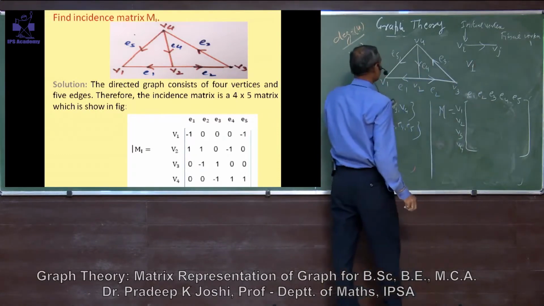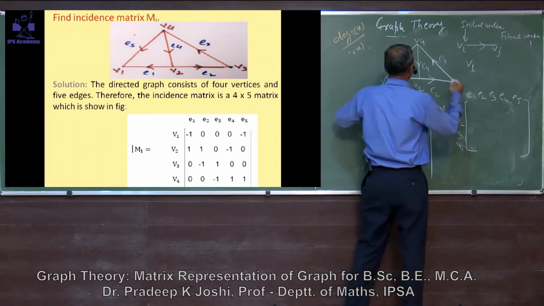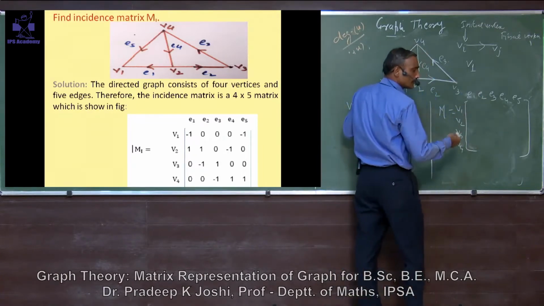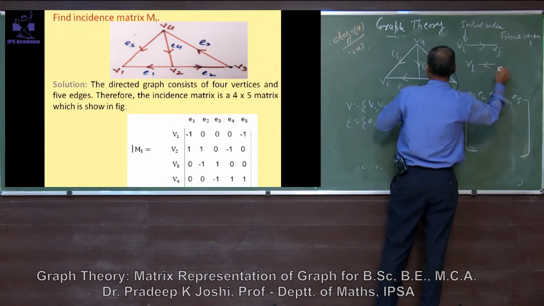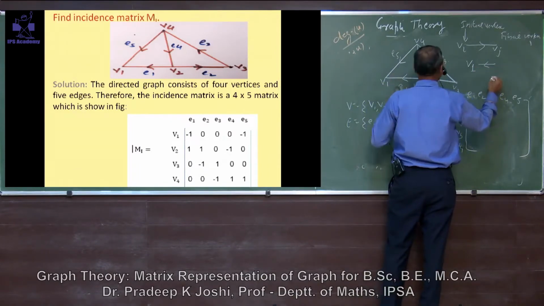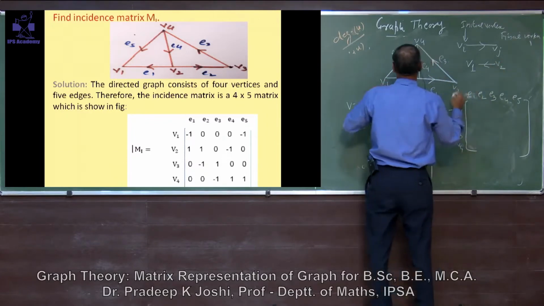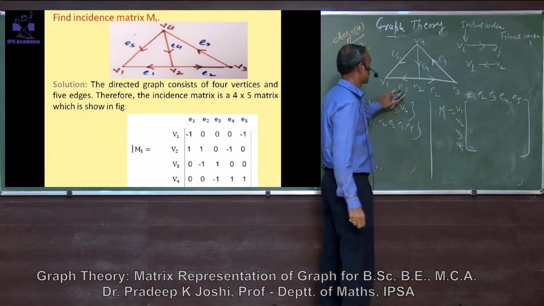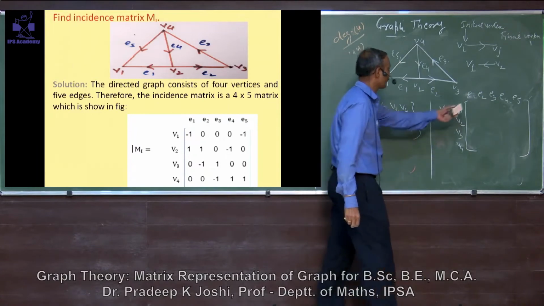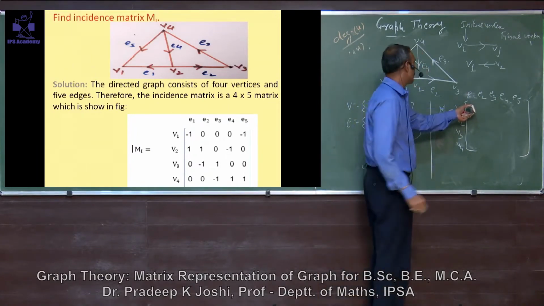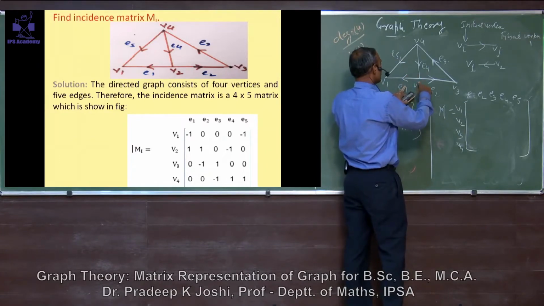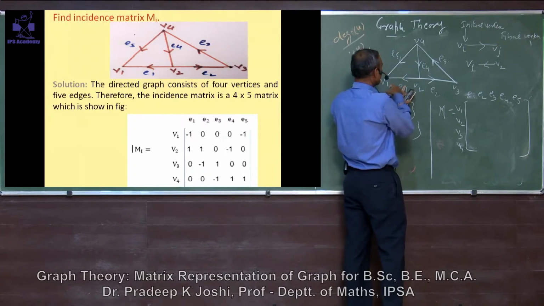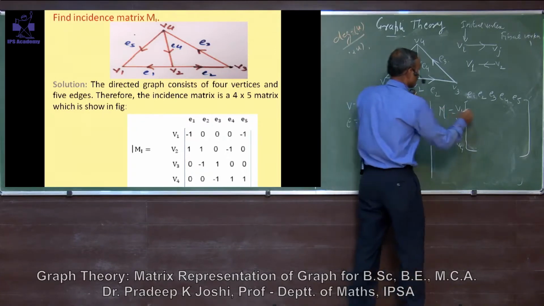In this structure diagram, V1 is not directing to V2, but V2 is directing to V1, so find E1. For E1, V2 is the initial vertex, but V1 is the final vertex. We are finding for V1, so the value will be -1.